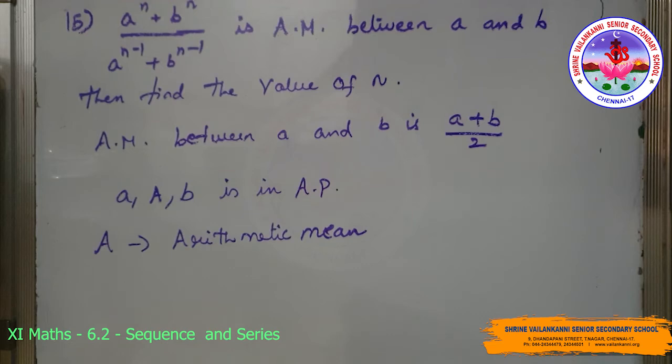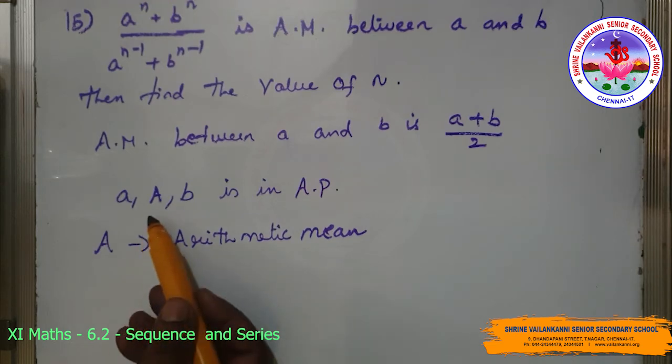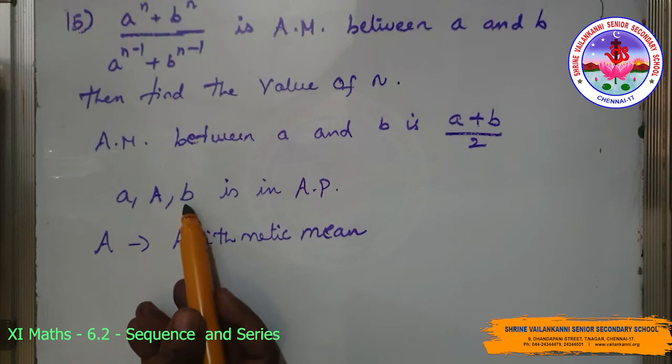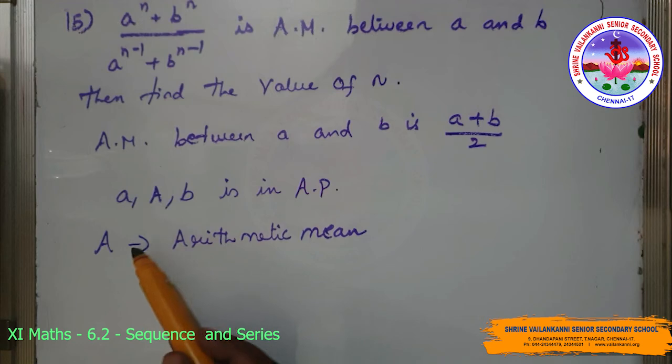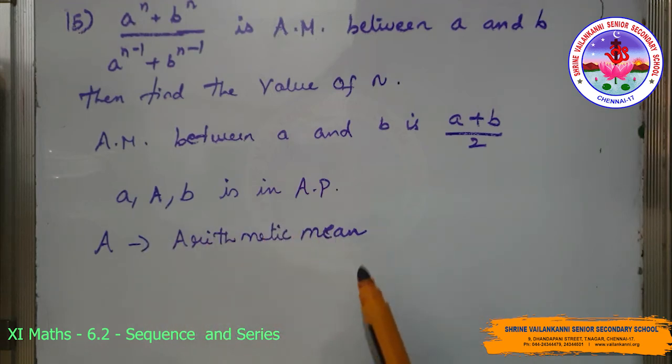Given two numbers a and b, we can insert a number capital A between them so that a, A, b is an AP. Such a number A is called the arithmetic mean of the numbers a and b.